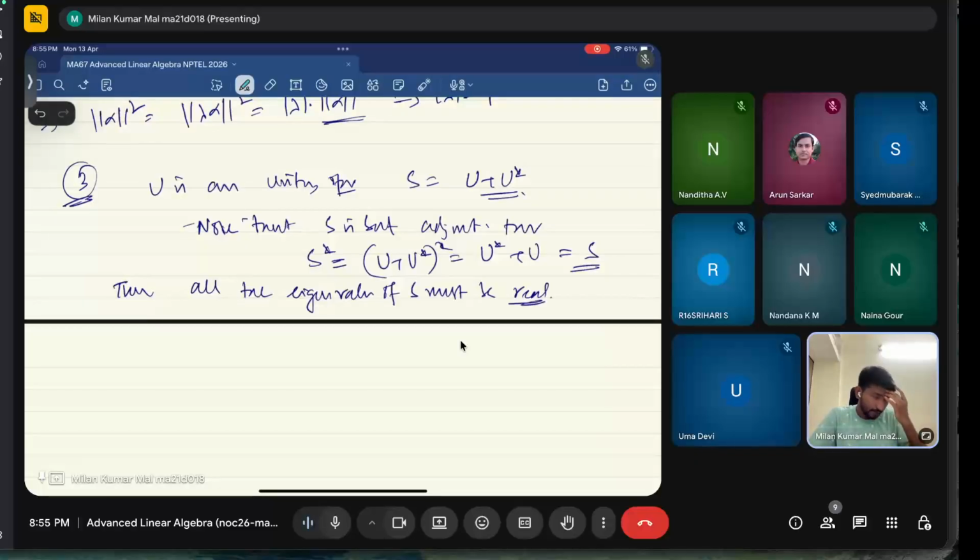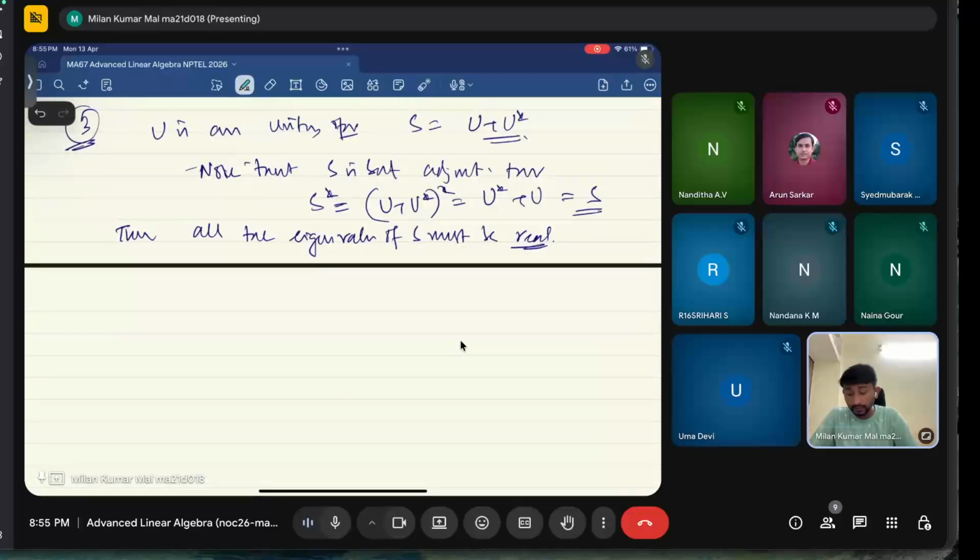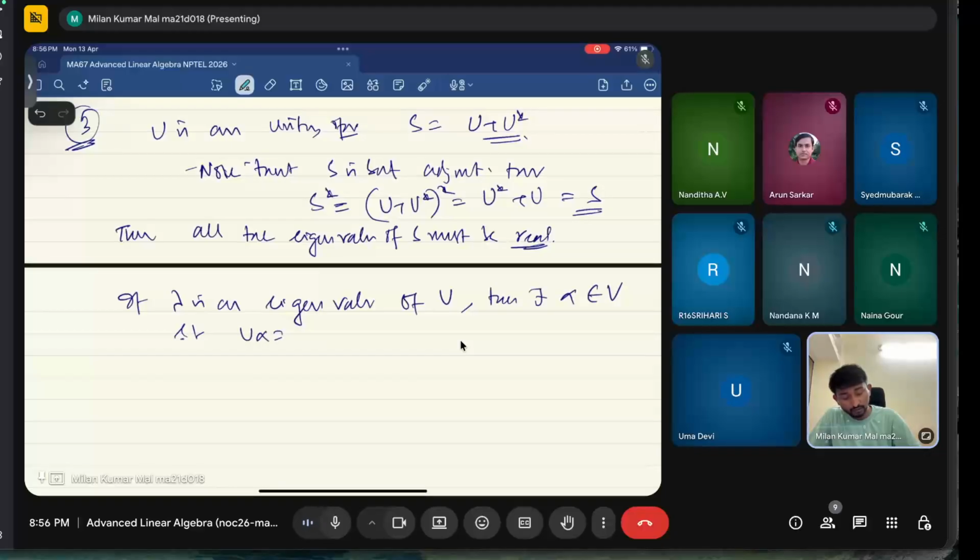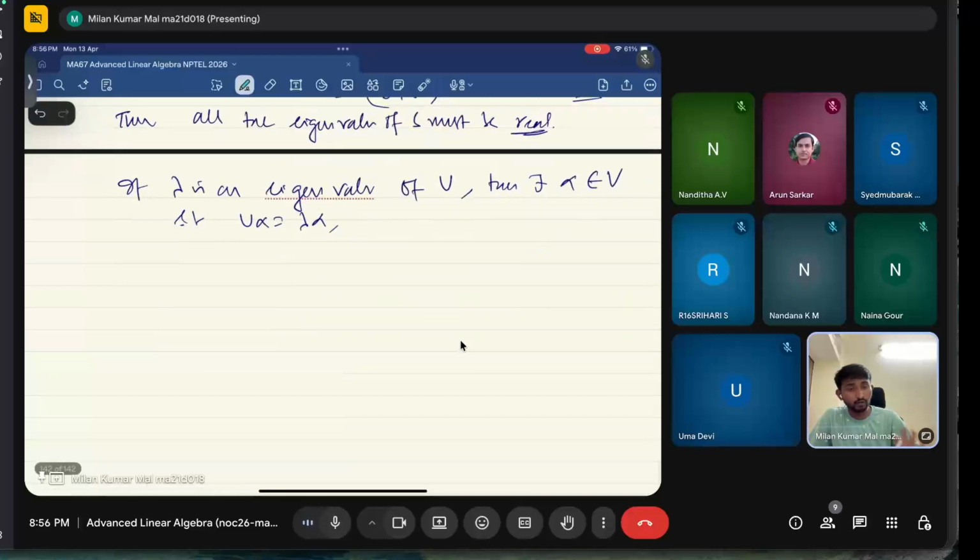Now if lambda is an eigenvalue of u, then there exists a vector alpha in V such that u alpha is equals to lambda alpha. Now u is a normal operator, and we know for a normal operator, if alpha is an eigenvector corresponding to the eigenvalue lambda of the operator t, then alpha is actually the eigenvector corresponding to the eigenvalue lambda bar of t star.